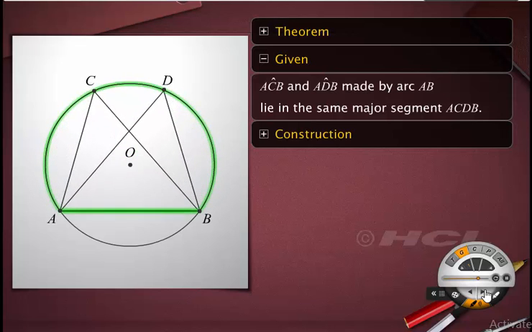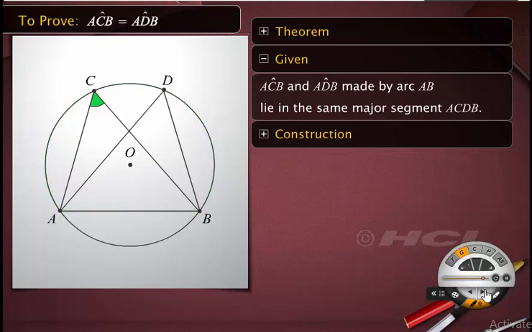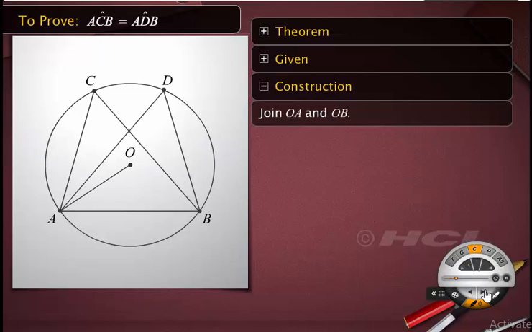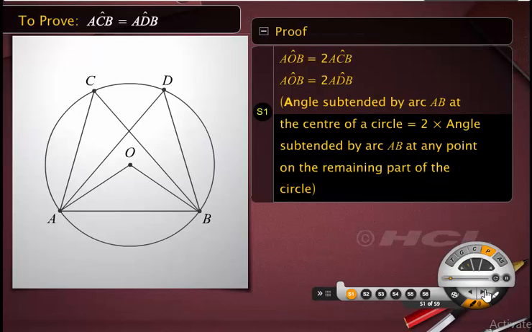Let's take the first case, where ACDB is the major segment. We will prove that the two angles ACB and ADB are equal. Let us join OA and OB. As the angle subtended by an arc at the center of a circle is twice the angle subtended by the arc at any point on the remaining part of the circle, angle AOB is twice angle ACB as well as twice angle ADB.